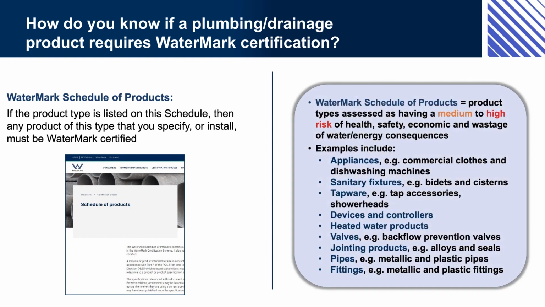For example, if you are specifying or installing a hot water heater and you don't know if it needs to be WaterMark certified, you can check these schedules. Hot water heaters are included in the schedule of products, so that means that they need to be WaterMark certified. So, you need to make sure that the water heater you specify or install is certified.